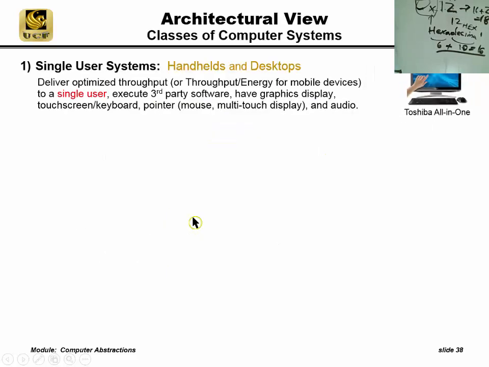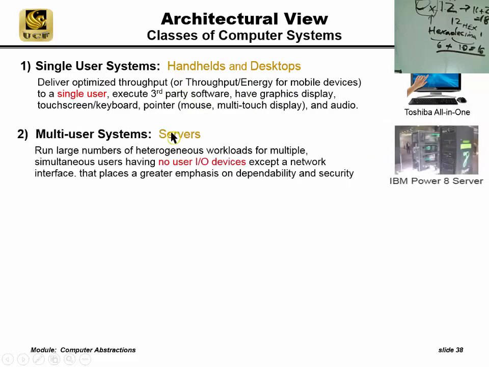So here is our final use of these components of abstraction. Another way to look at these is in terms of their characteristics. We have single user systems. These typically tend to have rich interface, point and touch, or graphics displays, good sound and audio. Multi-user systems, today they're servers.